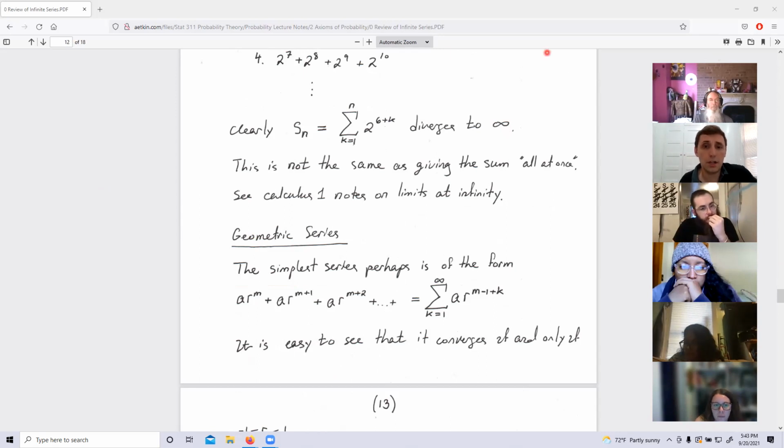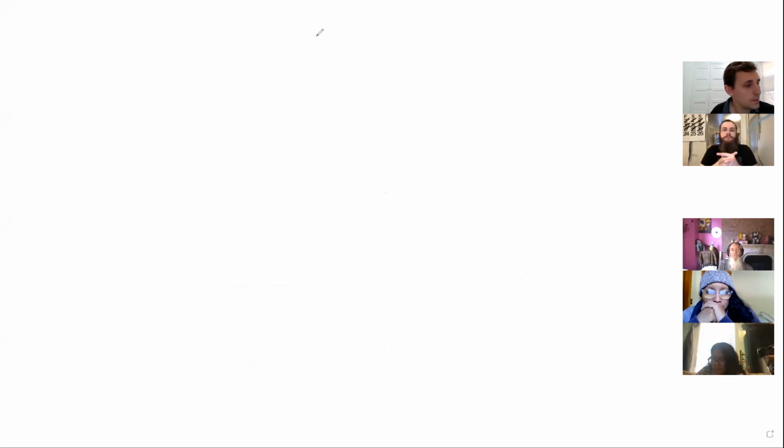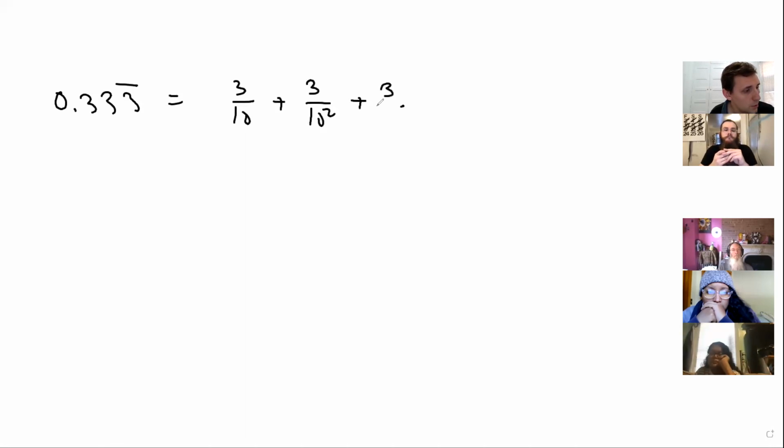Now, why is it equal to 1/3, guys? That's just a very common sum that you're very familiar with. So if I open that board, for instance, 0.333 onwards, right? It's 3/10 plus (3/10) squared plus (3/10) cubed and onwards.